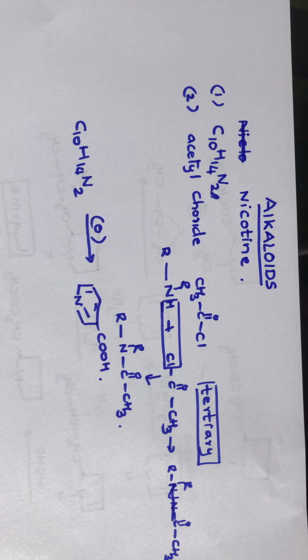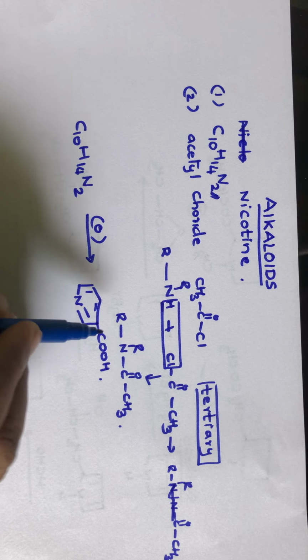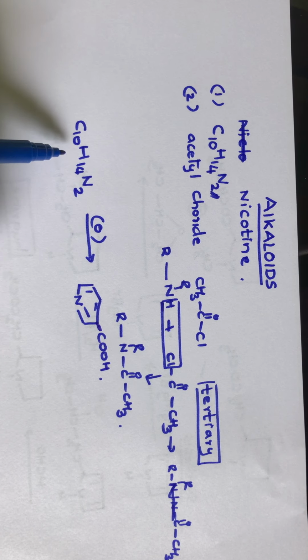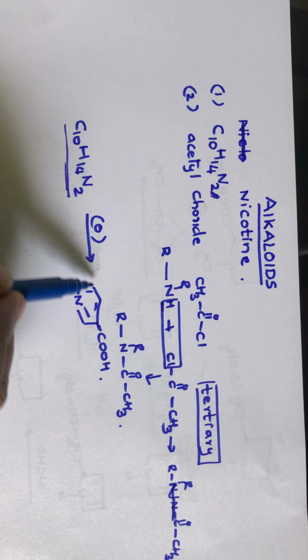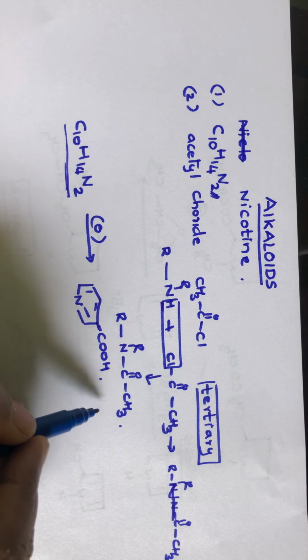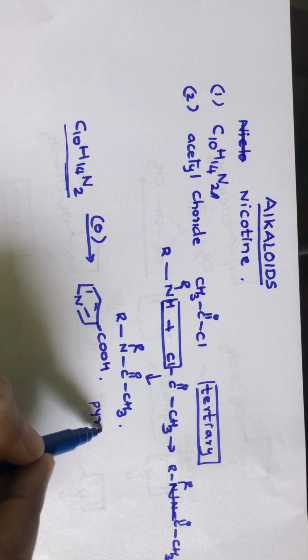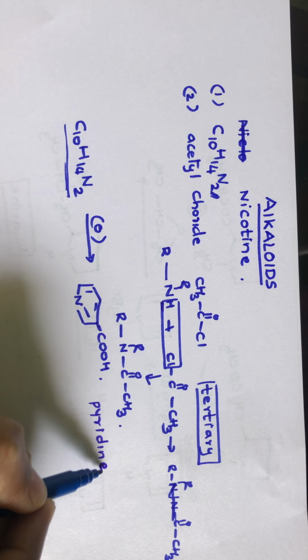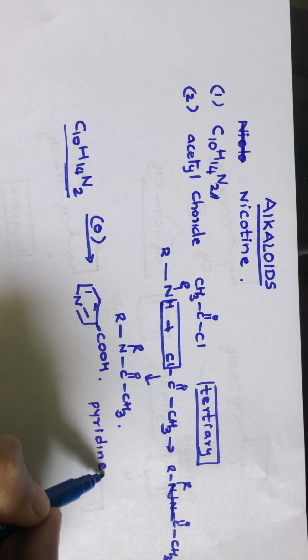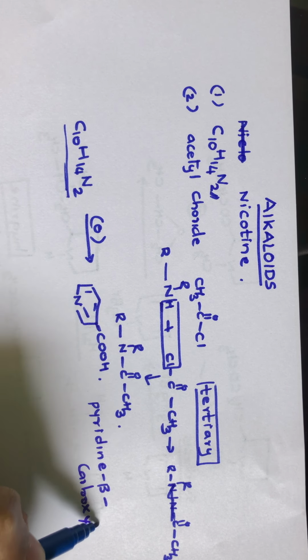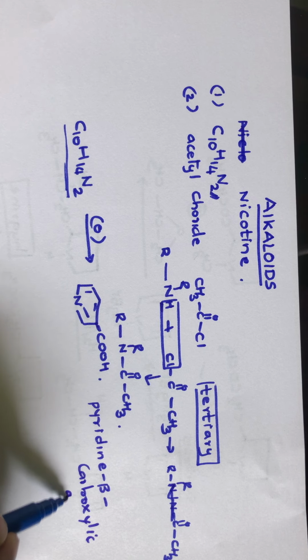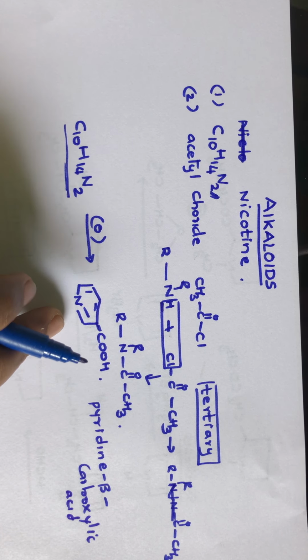So it shows that nicotine is a pyridine derivative. We don't know the structure of nicotine, but on oxidation it gives pyridine beta carboxylic acid. We call this nicotinic acid.